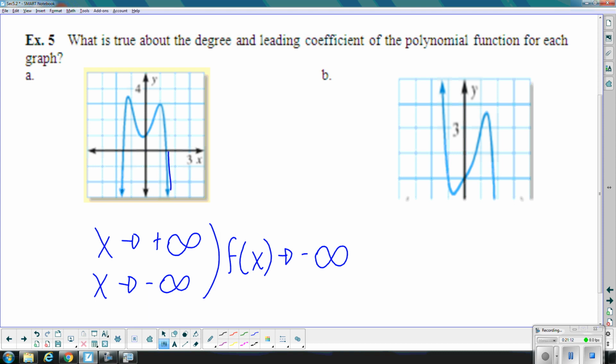So you're just looking at the end behavior, not really what's going on in the middle. If this is true, then we have to have a negative leading coefficient, and the degree has to be even.